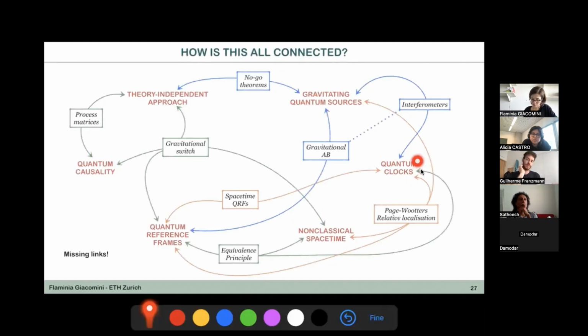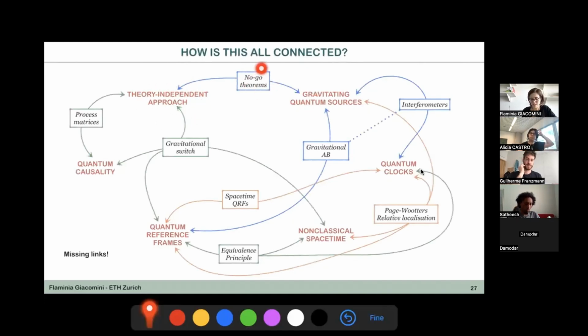Then we have also seen quantum clocks yesterday, and today quantum reference frames. Of course I had to fit the different topics in one or the other lecture just because I had to, but there are many connections between them. We have seen that explicitly for process matrices: they are a framework to describe indefinite causal structures in a theory-independent way.